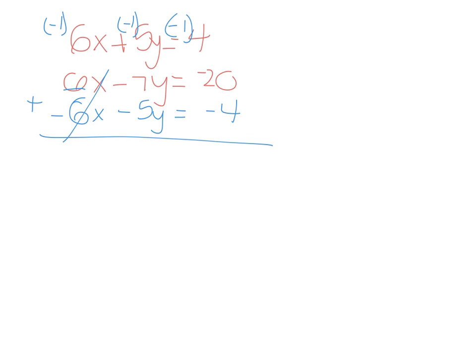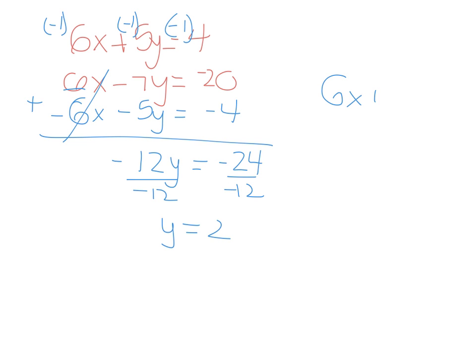When I do that, the x's cancel. I get negative 12y equals negative 24. Divide by negative 12, and y equals 2. I'll go and grab one of my original equations, and now that I know that y equals 2, I'm going to substitute it in.